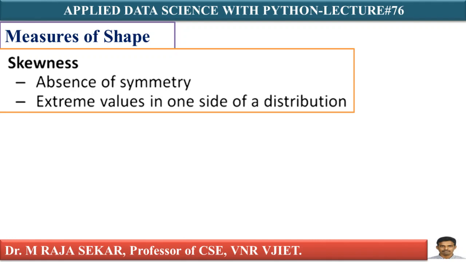Skewness. What is skewness? The lack of symmetry. A distribution or data set is symmetric if it looks the same to the left and right of the center point. When the distribution is not symmetrical, it is called a skewed distribution.